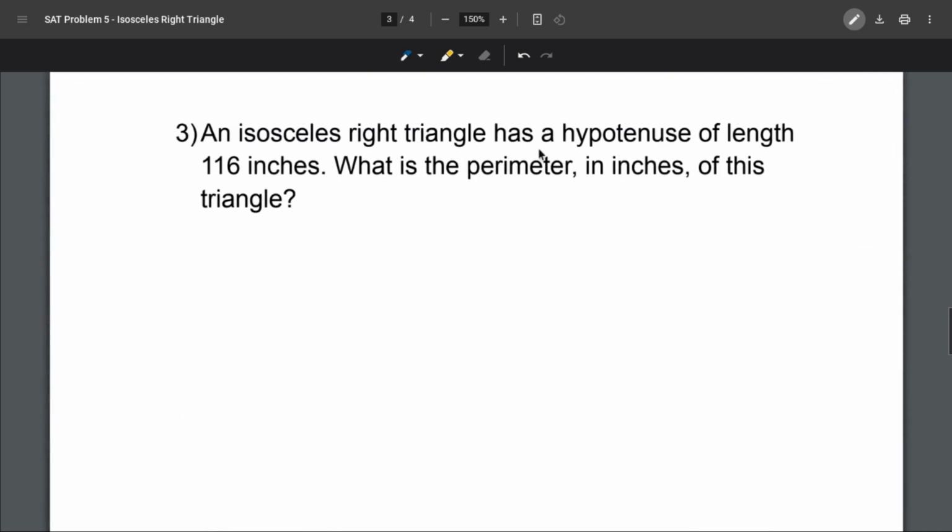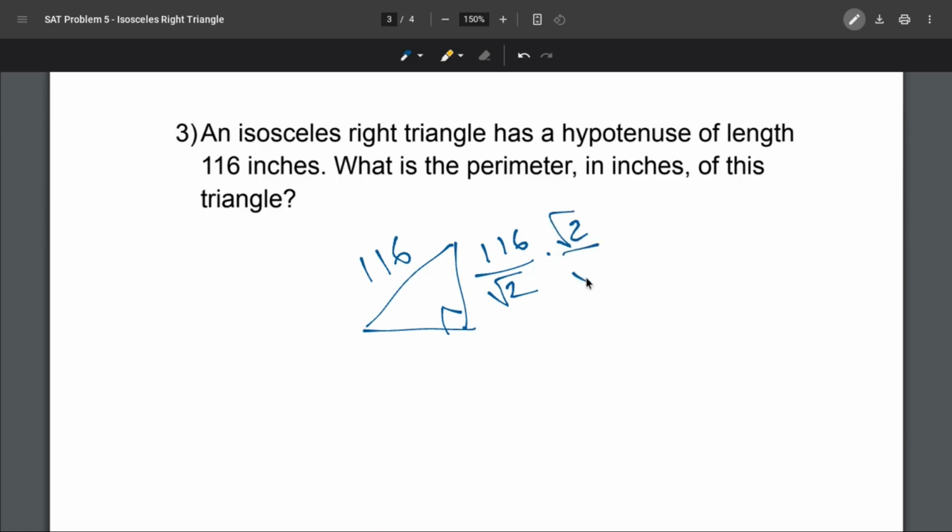Okay, so we have an isosceles right triangle. It has a hypotenuse of a length of 116 inches. So that's 116. Again, we're going to take 116, divide by the square root of 2, multiply by square root of 2 over square root of 2 to rationalize the denominator.